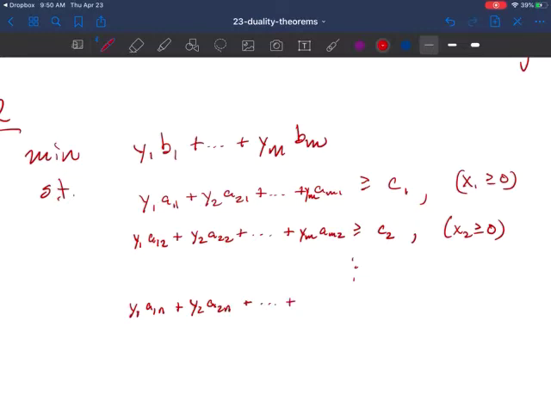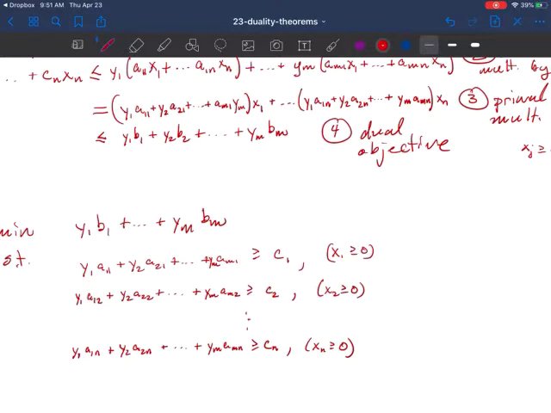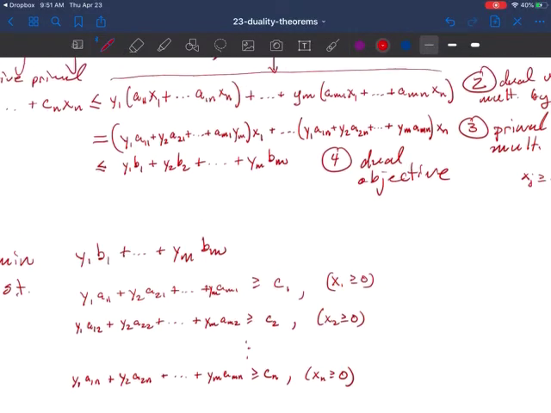And you know what I just did? We don't have m of these, we have n of these. This is greater than or equal to cn, and xn is greater or equal to 0.